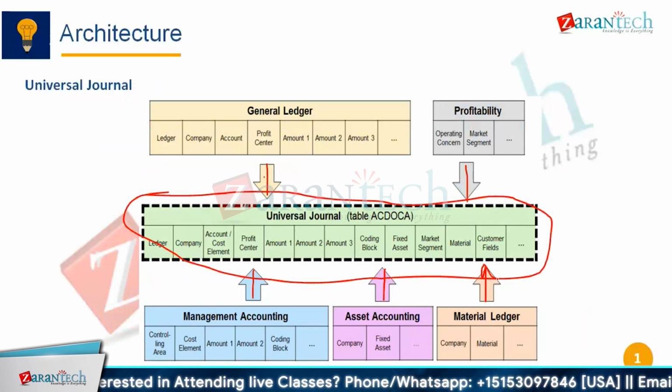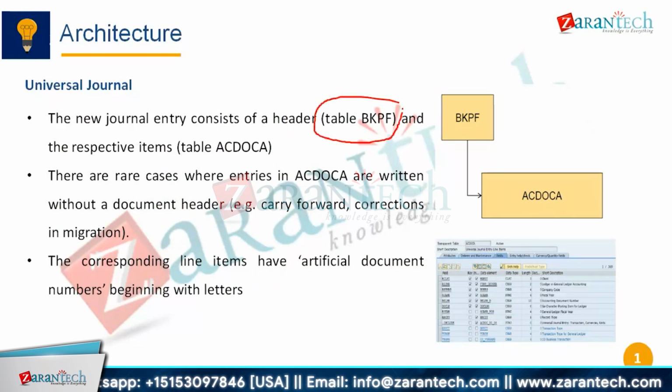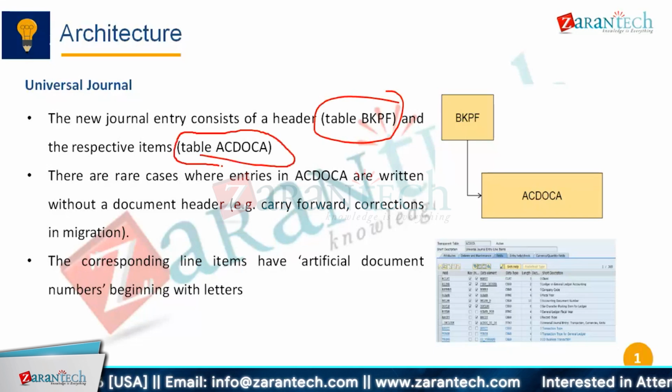So the new journal entry consists of a header. The header is the same, but the line item table is not BSEG anymore. We have this ACDOCA table. This is called the single source of truth. It contains GL data, asset accounting data, and all.